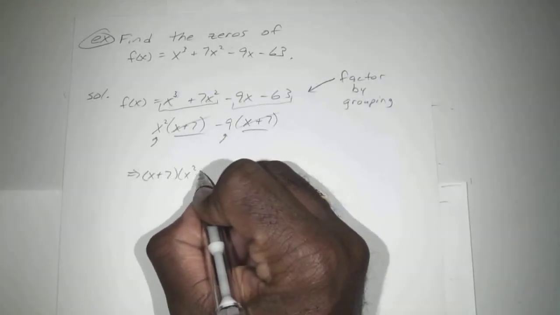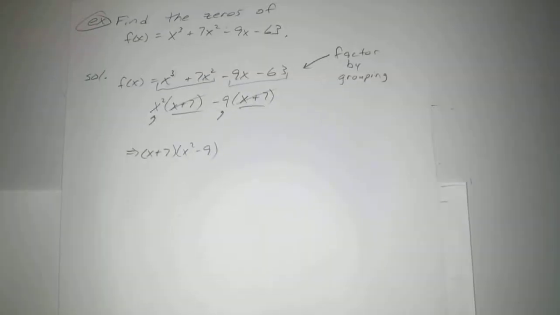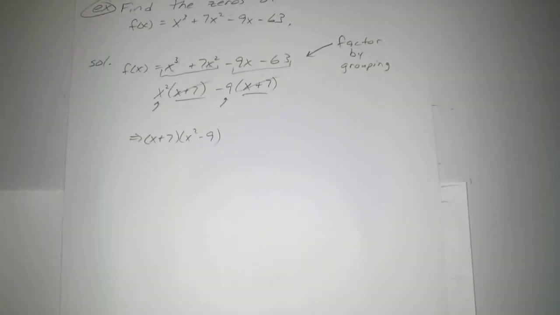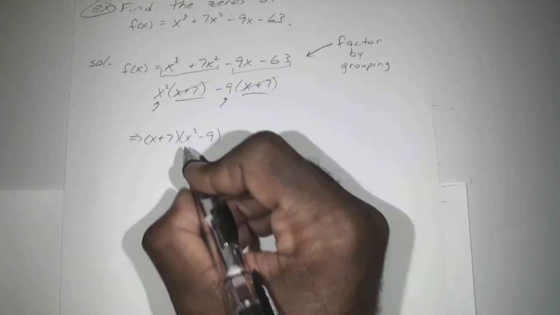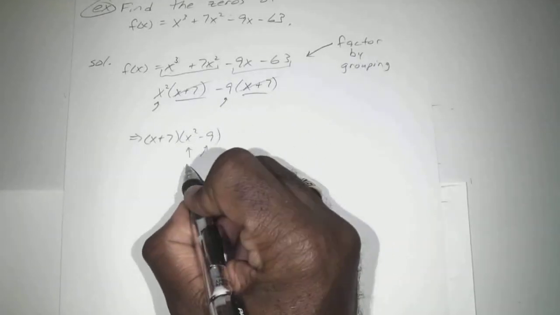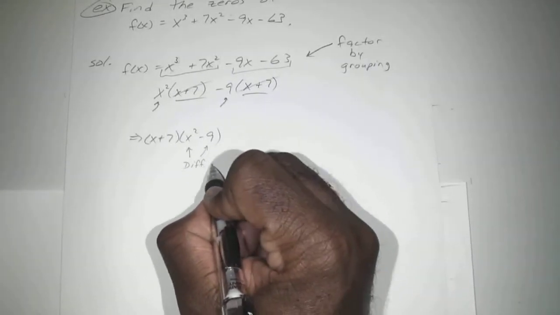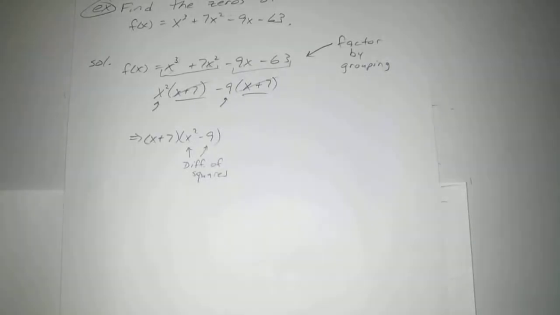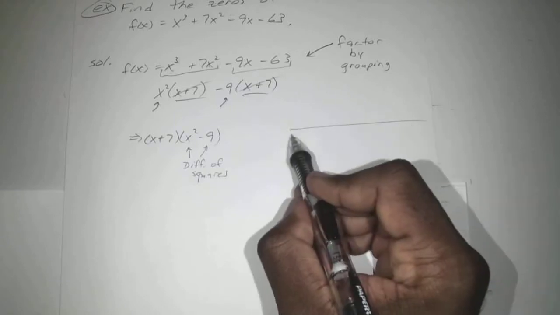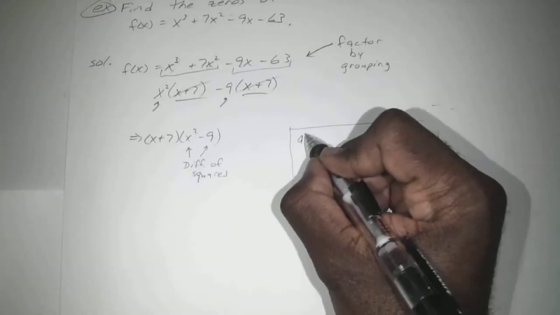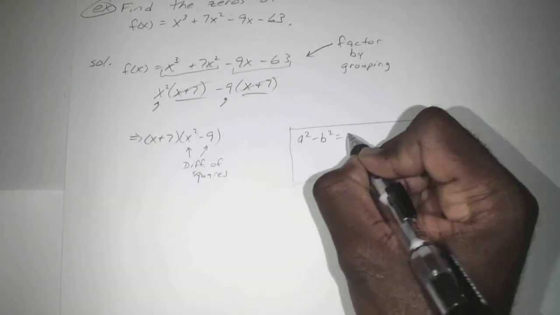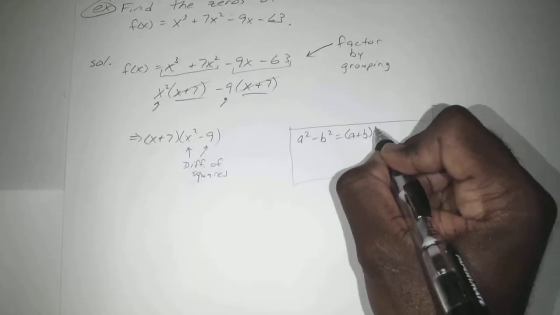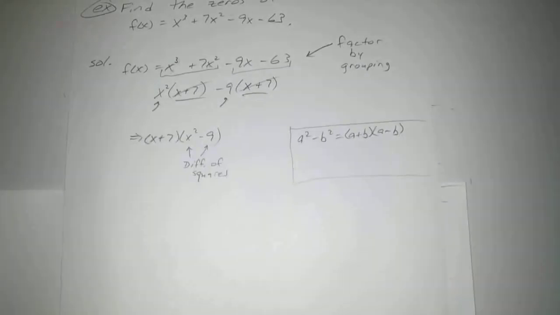Can we factor that too? Can we factor it? x plus 3 and x minus 3? Yep, that's a difference of squares. Okay, so you know your difference of squares. A squared minus b squared is a plus b times a minus b.